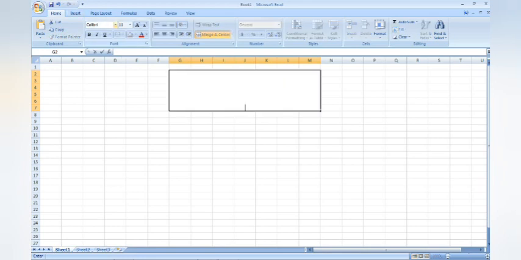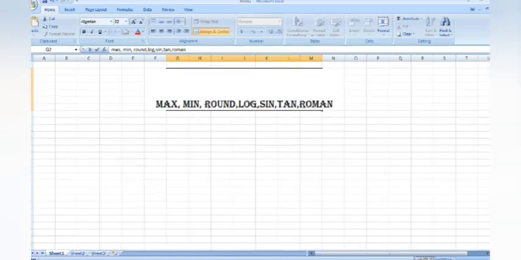We're going to consider the following formulas today: max, min, round, log, sine, and probably tan, and Roman figures. So I'm going to consider these 7 functions or formulas in Excel.